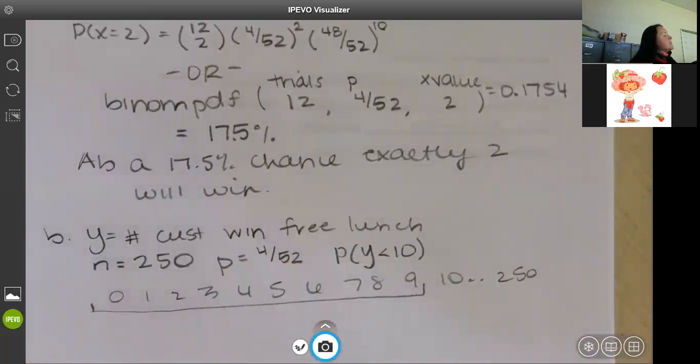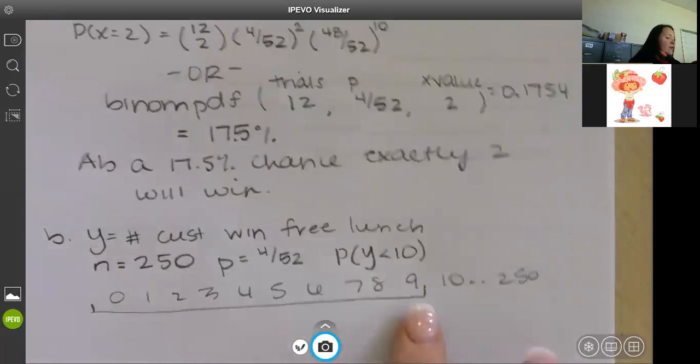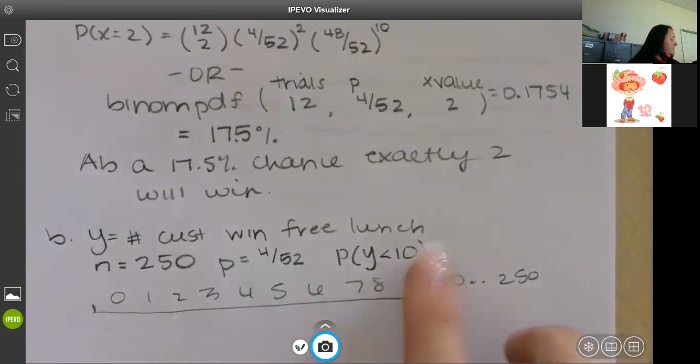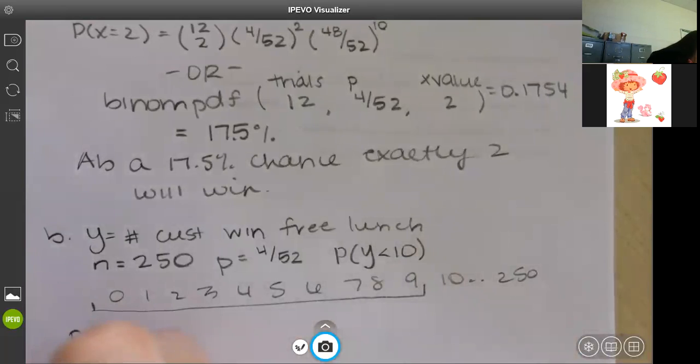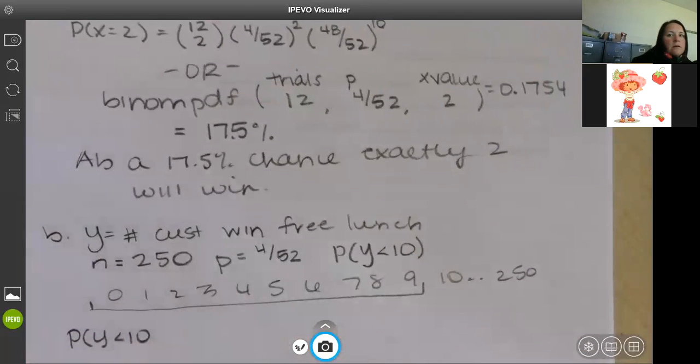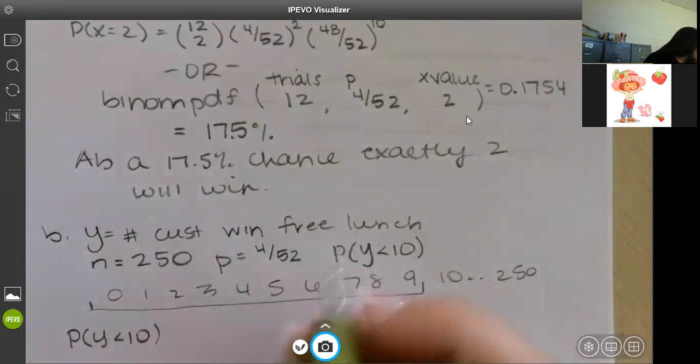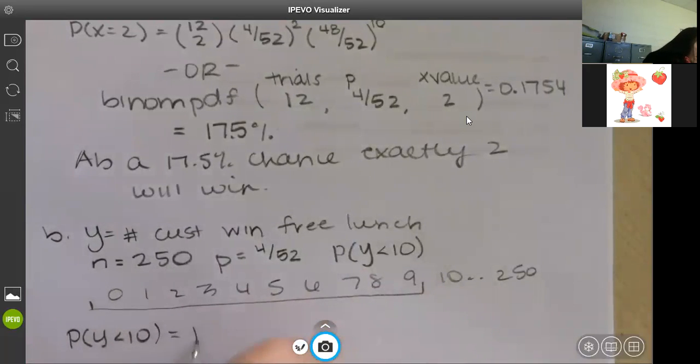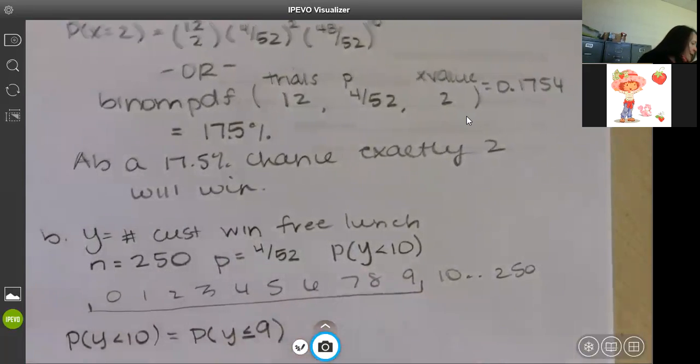Why did I draw this? You cannot use 10 if you use your binomial CDF or PDF. Do you understand what I'm saying? So we want 9 or fewer, not using the 10. Less than 10 is the same thing as the probability that Y is less than or equal to 9.